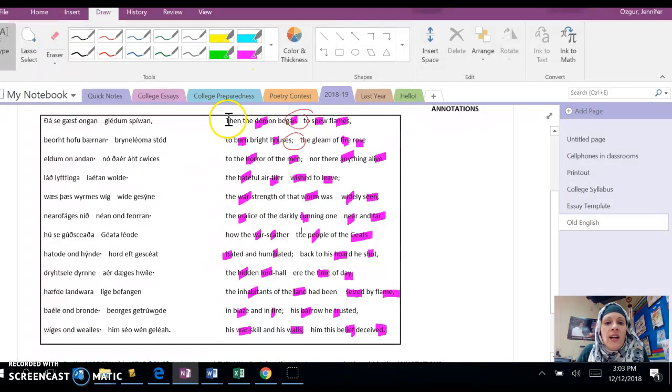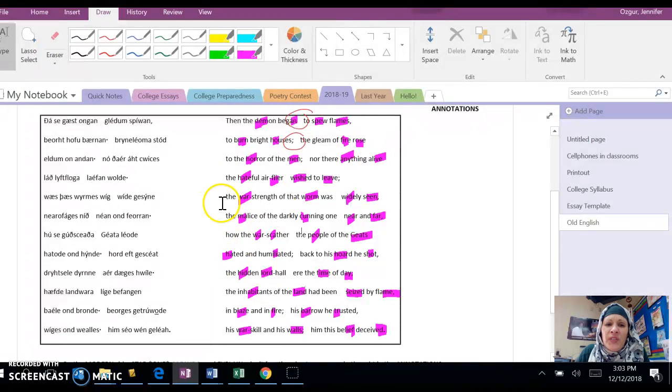So look at this. Then the demon began to spew flames, to burn bright houses, the gleam of fire rose. Now I'm forcing it, and there's no one way you have to do it. In iambic pentameter, it's so much more obvious.